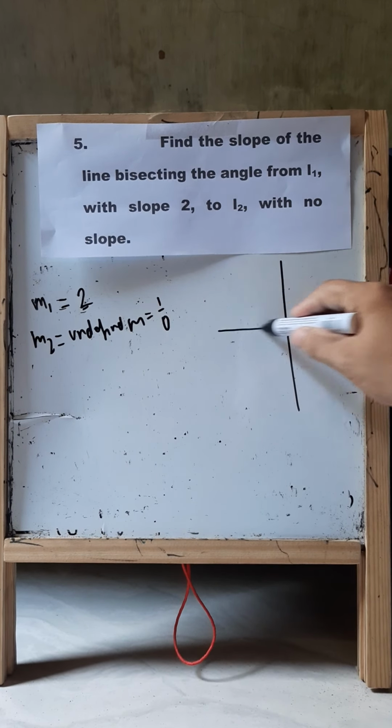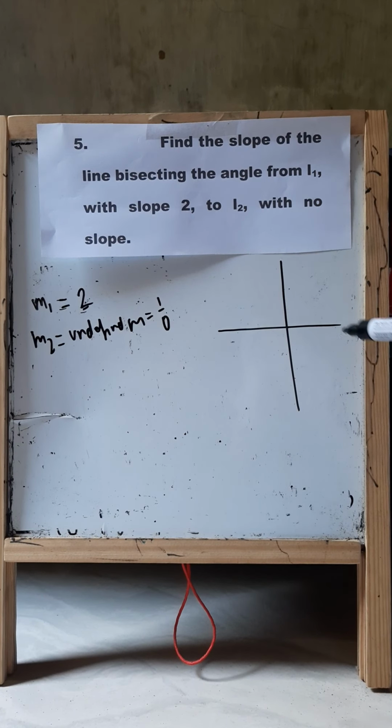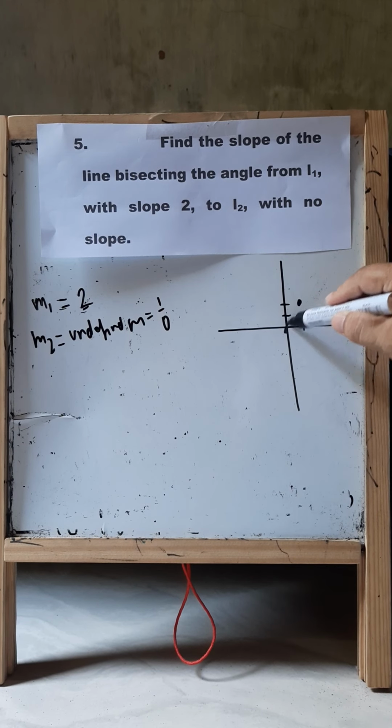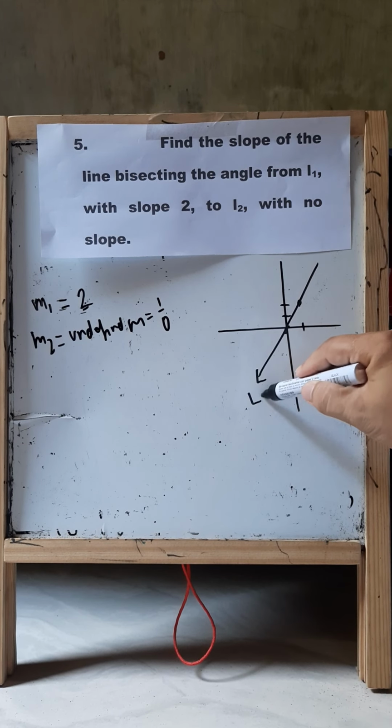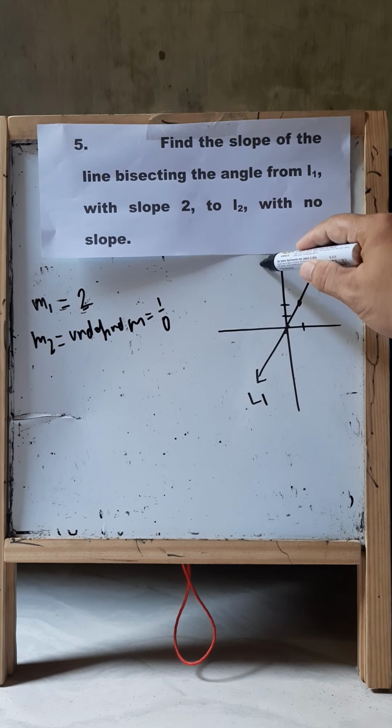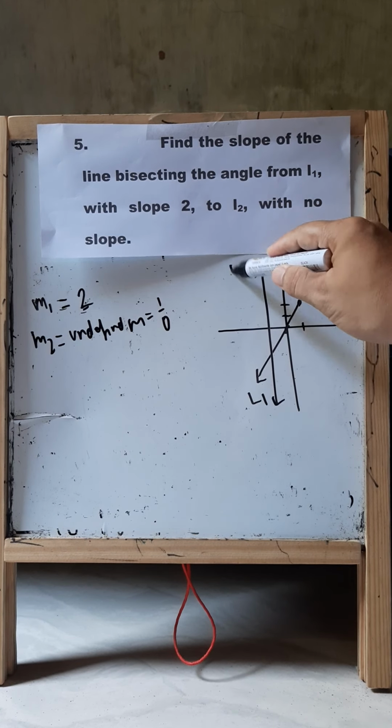To sketch the two lines here, if the slope of line 1 is 2, we can have 1, 2 over 1. So this is line 1, with slope 2. How about line 2? Its slope is undefined. This is line 2.